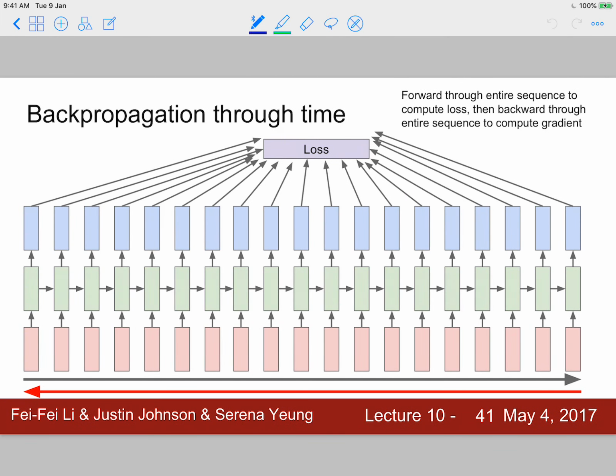I'm not sure if I pointed you to this website called The Unreasonable Effectiveness of Recurrent Neural Networks, and this post is not just about the original RNN, it's also considering the LSTM and GRUs as well.